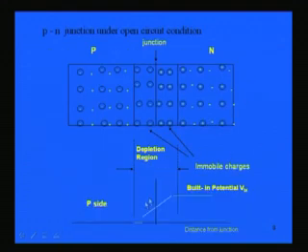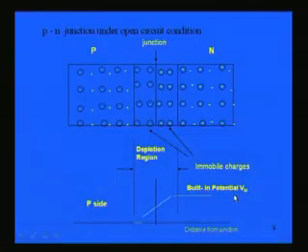So this barrier potential is such that, if we consider from the p side, it will be rising and reaching a maximum value. This built-in potential is VBI.